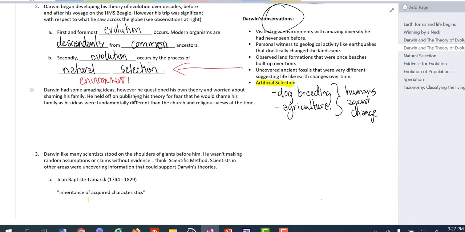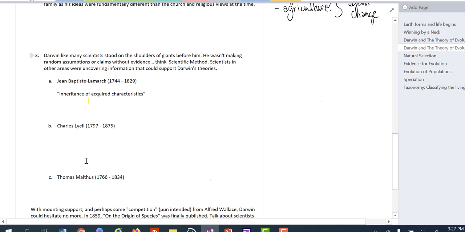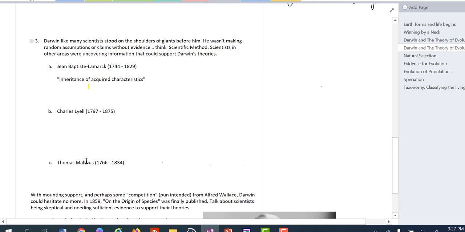And like any scientist, he's skeptical, right? He needs more evidence. And so what was fundamental was the scientists that came before him and the knowledge that they brought that allowed him to develop the theories that he did.